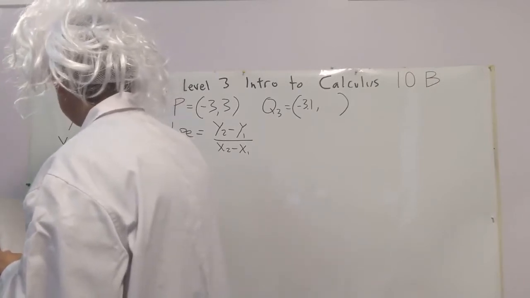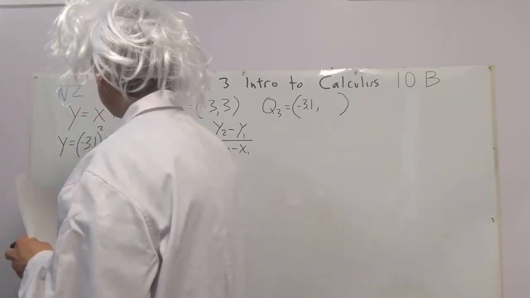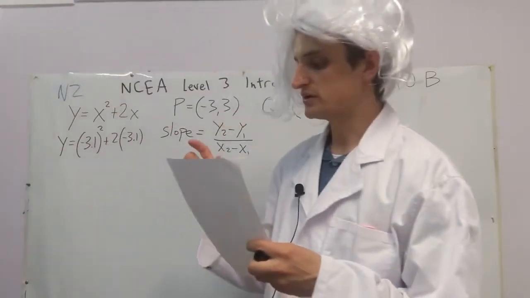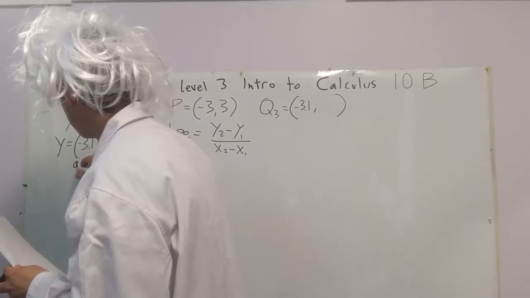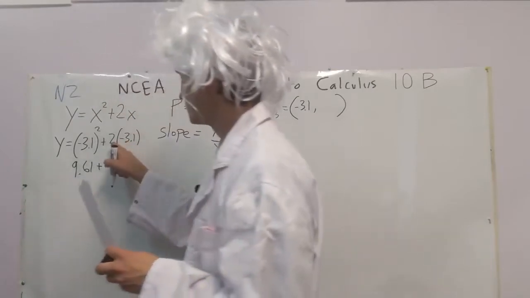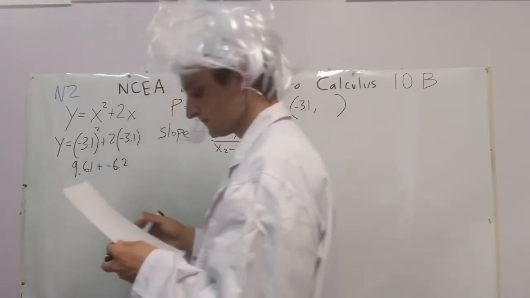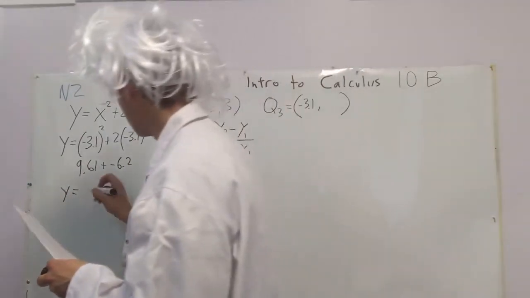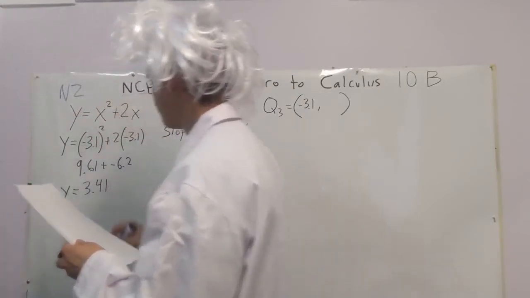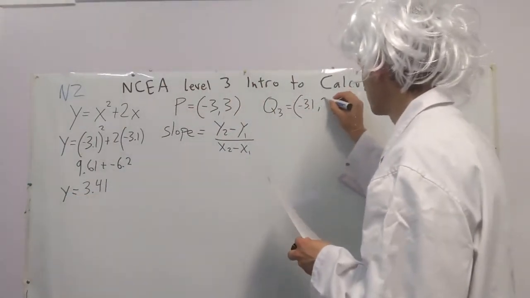Y equals -3.1 squared plus 2 times negative 3.1. 3.1 squared is 9.61. And 2 times negative 3.1, that's negative 6.2. This tells us that y equals 3.41. This is our point. Y equals 3.41.